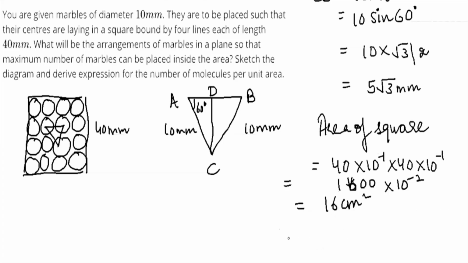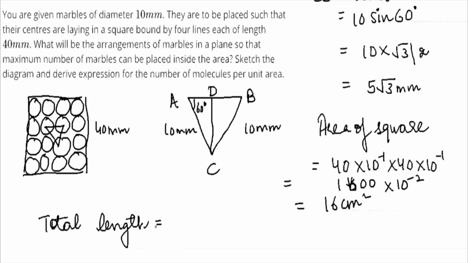The area of the square is 16 centimeter square, and we have to arrange them in an HCP packing. So what is the total length covered by these marbles? Only then we will find out whether they will fit into the square or not.